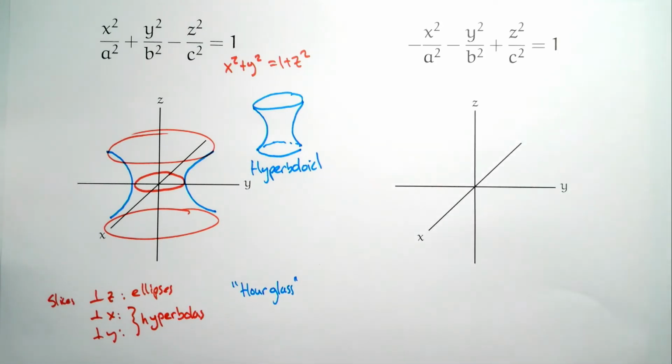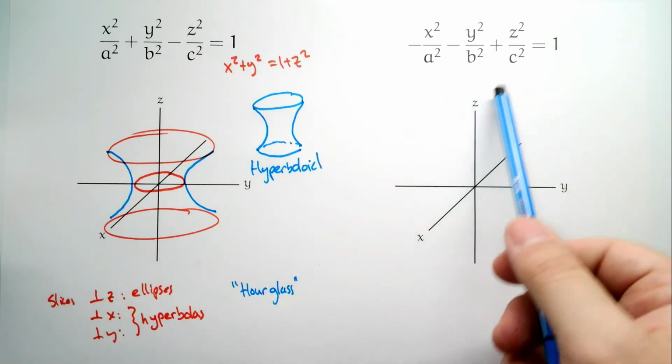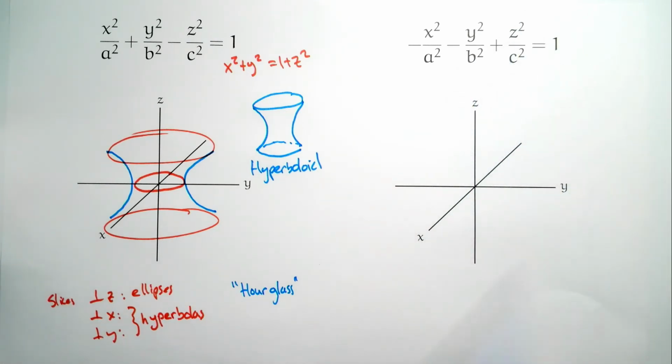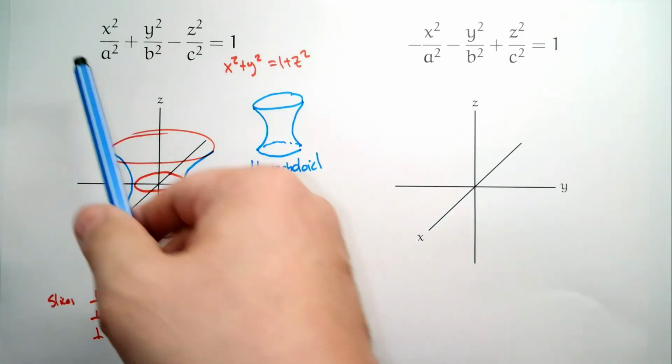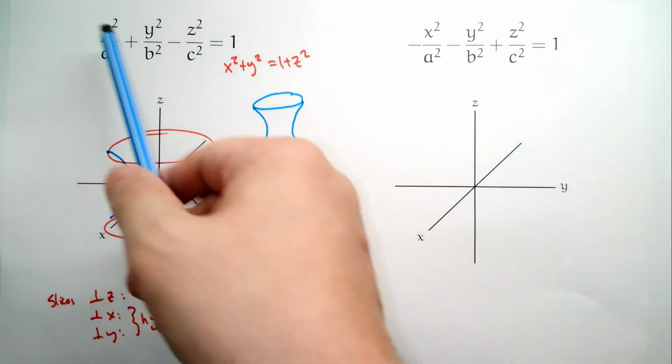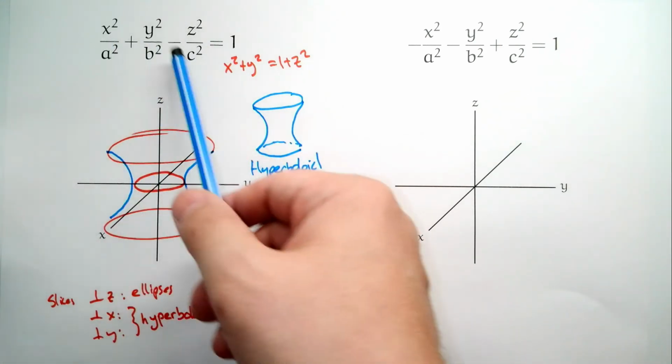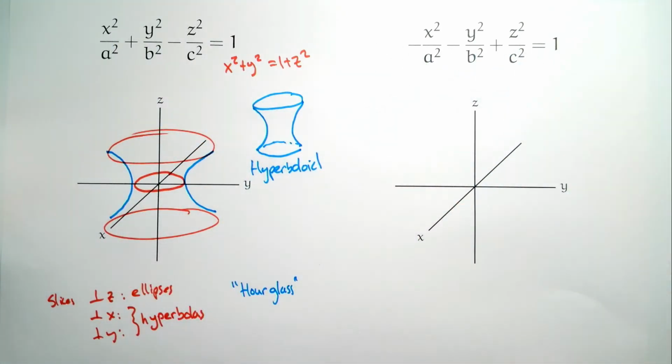All right. Suppose we change it a little bit. Minus x squared over a squared minus y squared over b squared plus z squared over c squared equals 1. Now essentially what we've done is we flipped the signs on the left-hand side. So instead of plus, plus, minus, it's now minus, minus, plus. Well, the moral of the story is it's very similar.